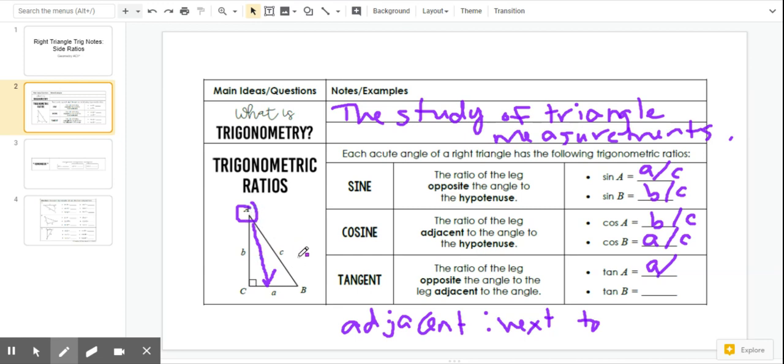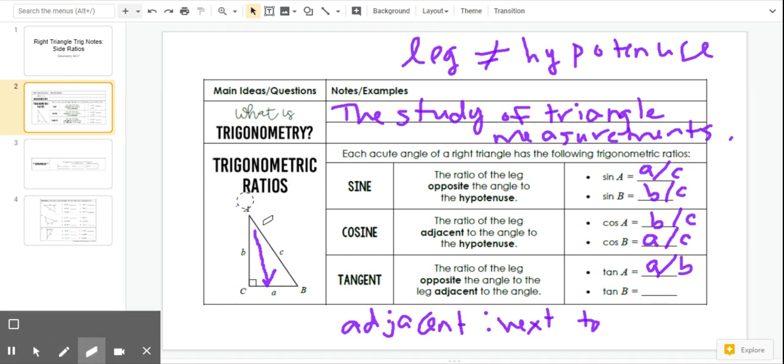Remember, the leg cannot be the hypotenuse. So let's write that down: leg is not the hypotenuse. The hypotenuse is always across from the 90, and the legs are the two other sides. So it's the ratio of the leg opposite to the leg adjacent. If it can't be C, then it's got to be B. So it's A over B.